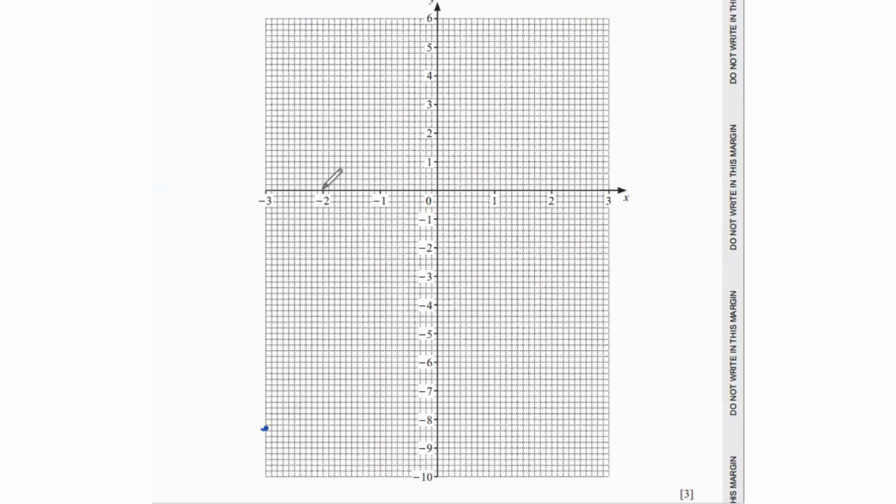Then negative 2, 0, negative 1 and 1.75, 0, 0, 1 and negative 2.25, 2, negative 2, and 3, 3.75.